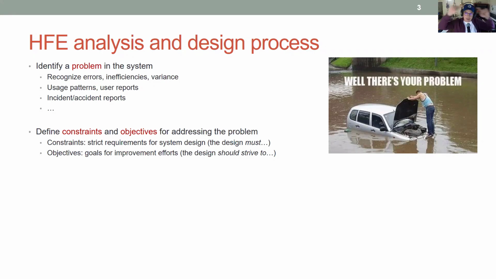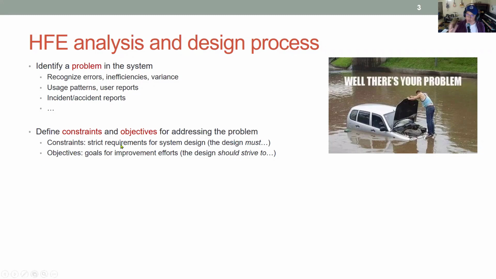You also want to define the constraints that go with the objective, which give you some boundaries so you don't have to think about all of the possibilities in the universe. You want a reasonably constrained problem based in reality.